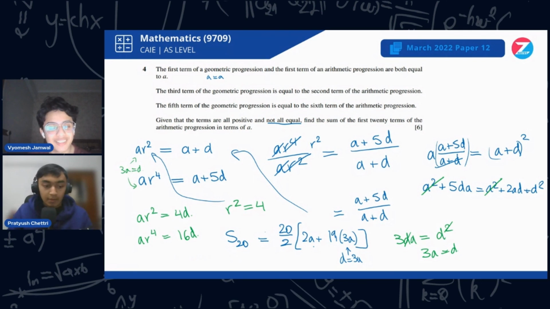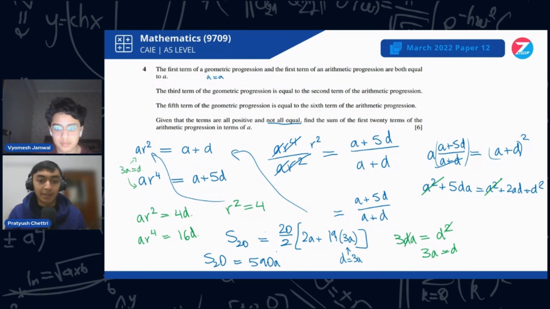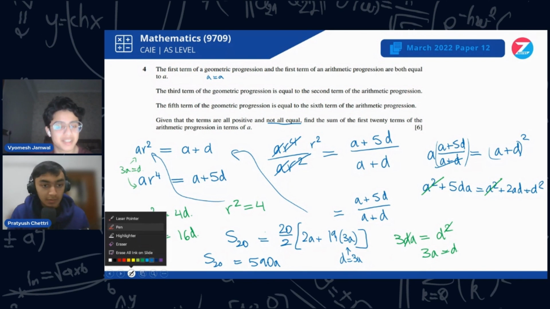I don't have a calculator for that. Okay, 2 plus 19 times 3 times 10. Okay. So S20 is equal to 590A. So that's a big one. Damn, that was actually kind of a tough question.